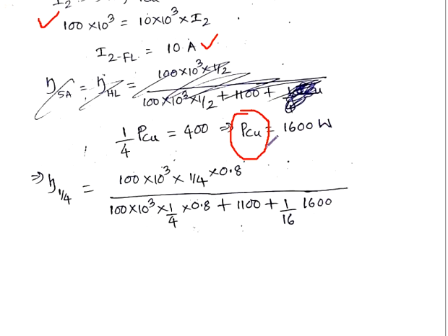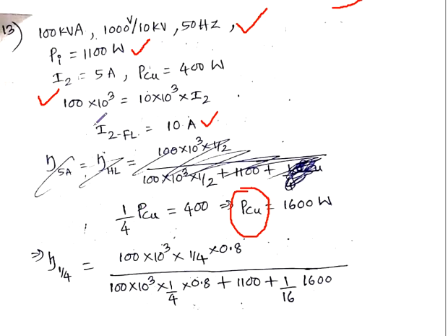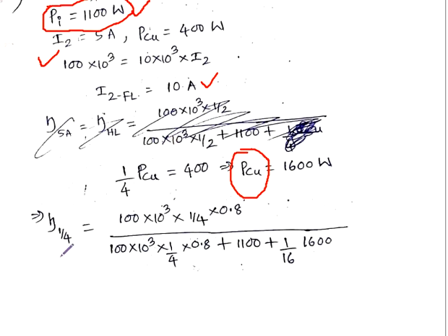Now with this PCU value you can determine the efficiency at any load, because we already have the value of Pi, which is the iron loss, right? So now at 1/4 load we are asked to determine efficiency.